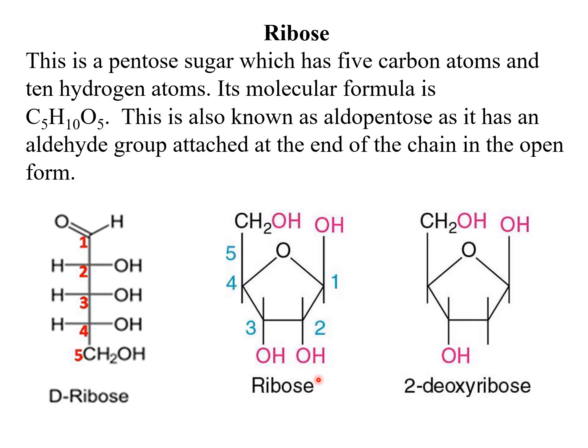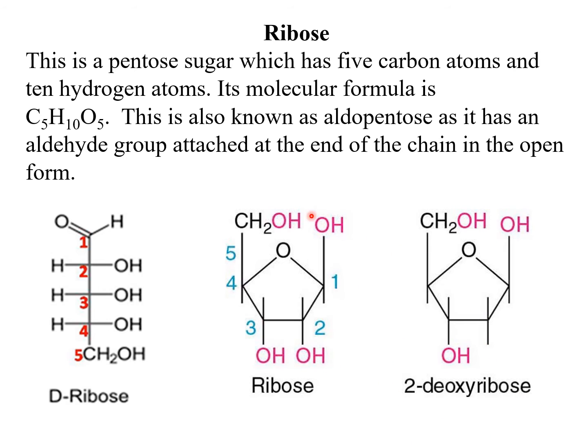This is the backbone, which binds with the phosphate group as well as the nitrogen bases. The main difference between RNA and DNA is at position 2, the OH group at carbon 2. In DNA there won't be any OH group there, so this is called deoxyribose, which is present in DNA.